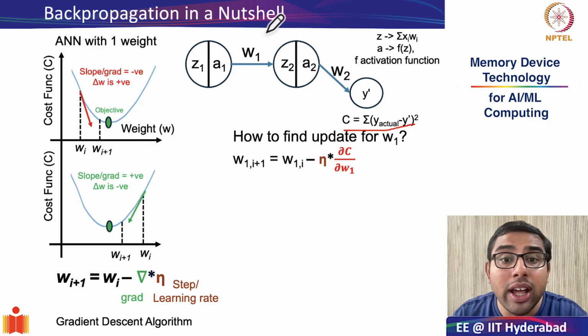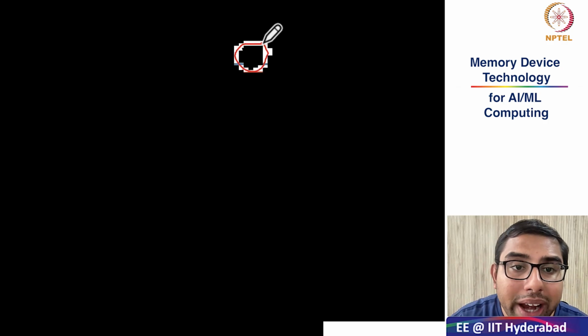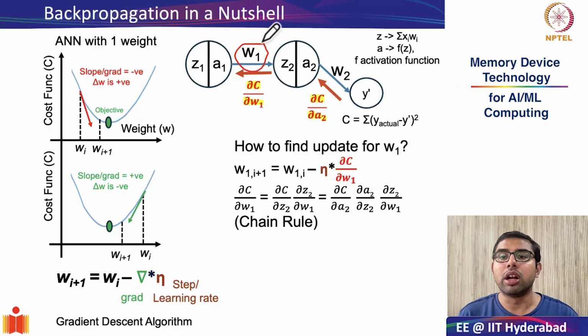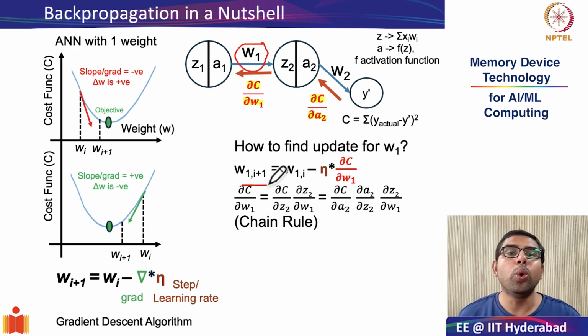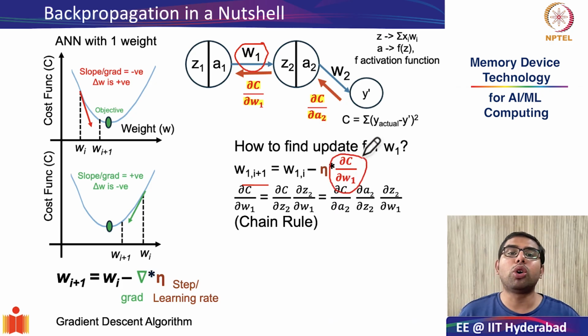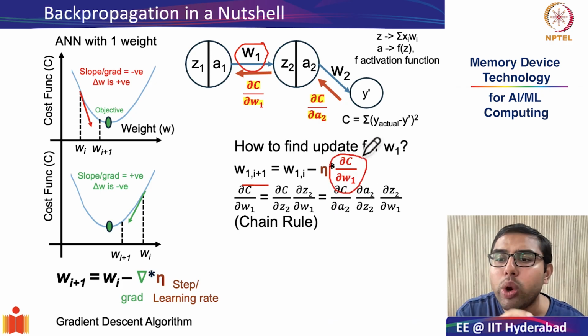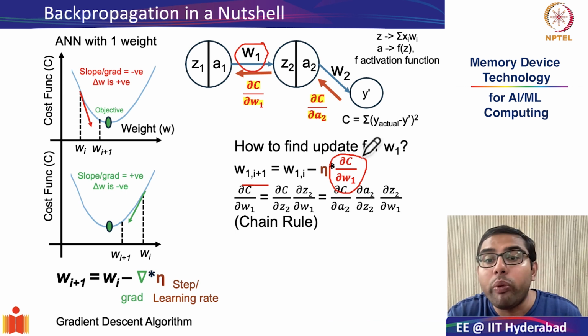How do we go ahead and do that? First, let's focus on the weight of the first layer, W1. To find out the update to the weight W1, what we need to find is the derivative of the cost function with respect to W1, or how the cost changes with respect to weight W1.